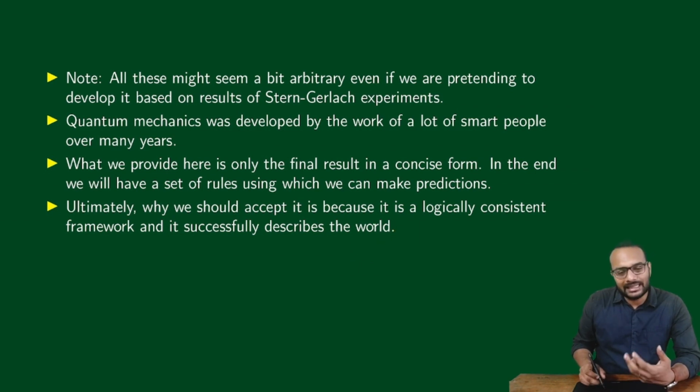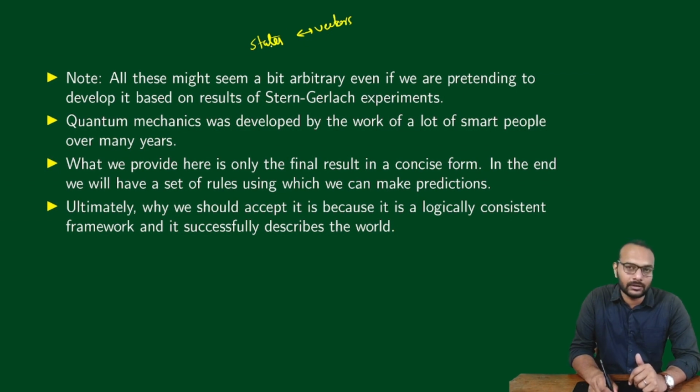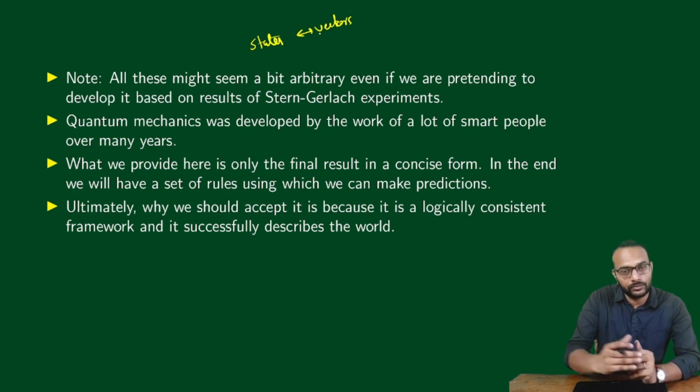In the end, what you should do is remember these rules. You just have to remember the rules. Some of the rules we have given: states are vectors. I should put an arrow to both sides. If states are vectors, then vectors are also states. If you have a vector space, every vector in that particular space is a possible physical state. Similarly, observables are operators.